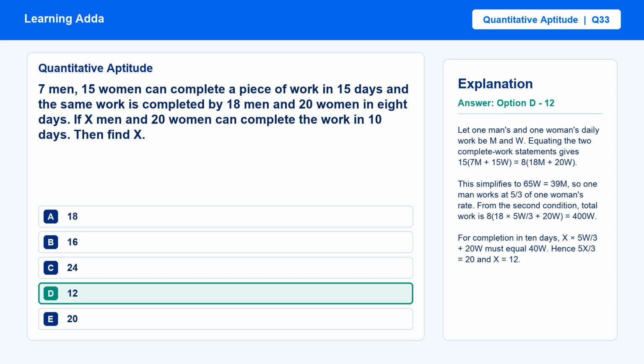From the second condition, total work is 8 times (18 multiplied by 5W/3 plus 20W) is equal to 400W. For completion in 10 days, X multiplied by 5W/3 plus 20W must equal 40W. Hence 5X/3 is equal to 20 and X is equal to 12.